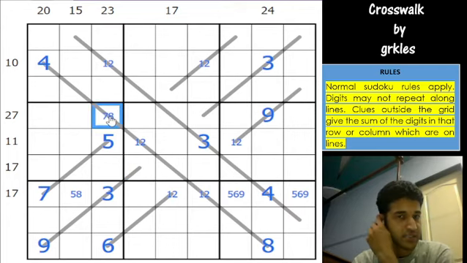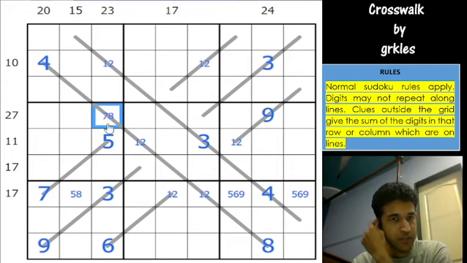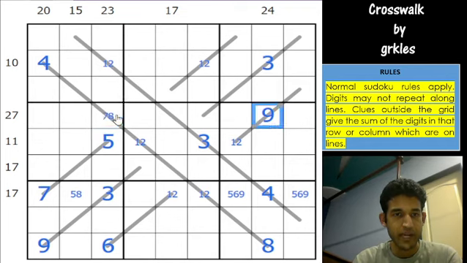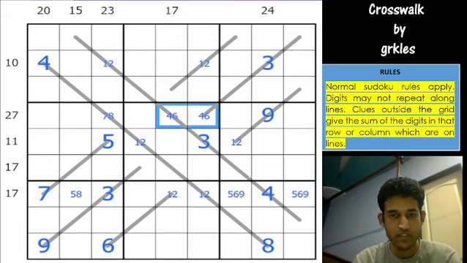Okay, let us just try to make use of this clue, guys, because we have one fixed digit and two candidates written on one of the other cells. So maybe we can use that. So suppose if it is 9 plus 8, that is 17, which means these two cells must sum up to 10. And 1, 9, 2, 8 are ruled out, and 3, 7 is also ruled out, which means this must be 4 and 6.